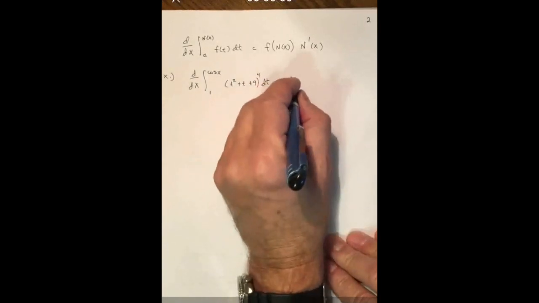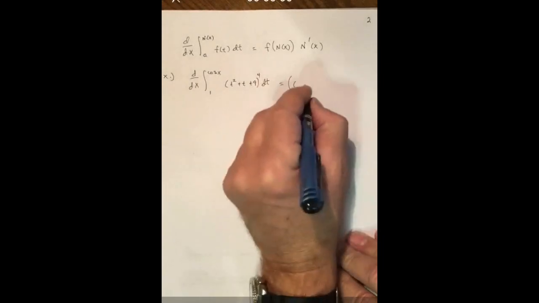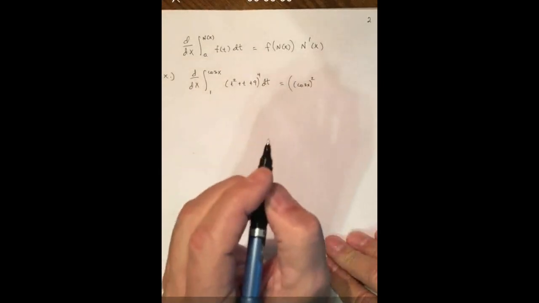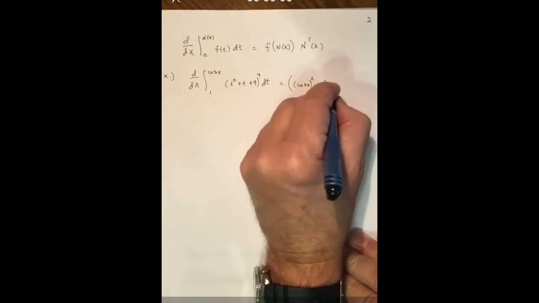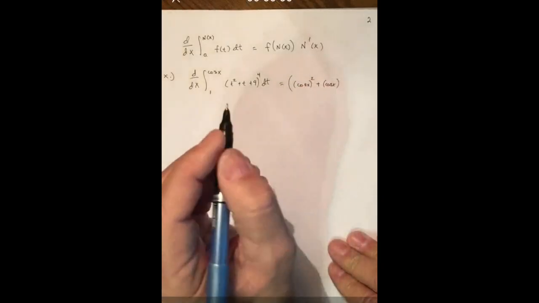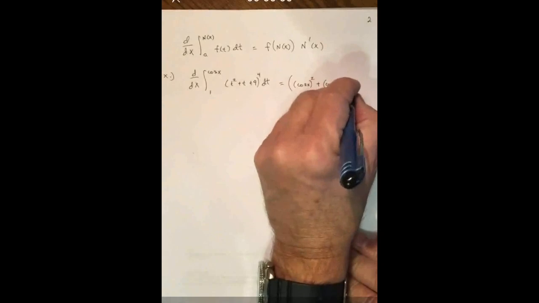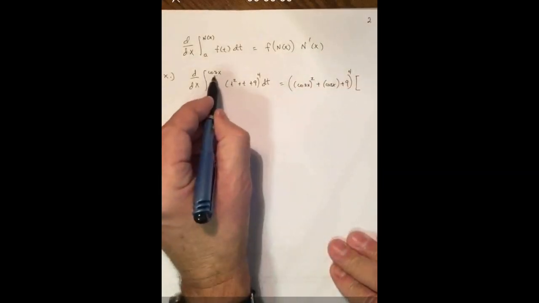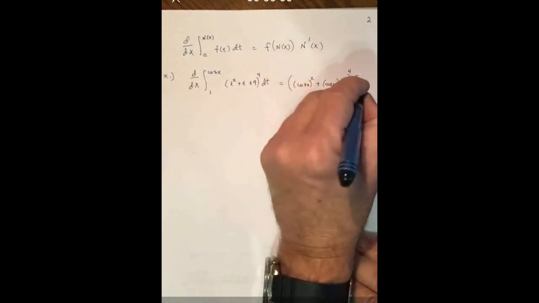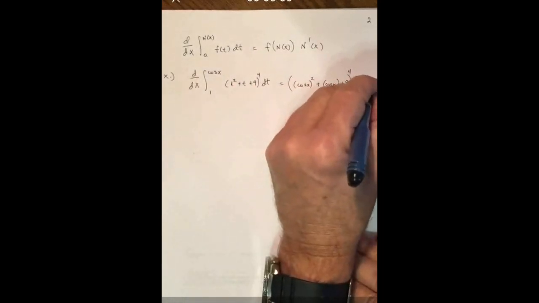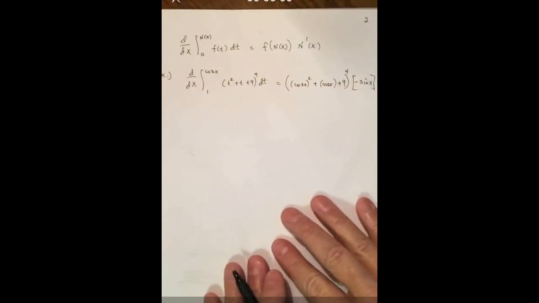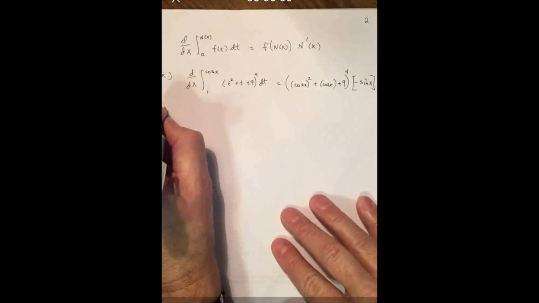So this is going to be (cosine x quantity squared plus cosine x plus 9), all of that to the 4th power. And now by the chain rule, we come up here and differentiate the cosine function and get minus sine x. That's all there is to it. That's pretty straightforward. Let's do another little example.